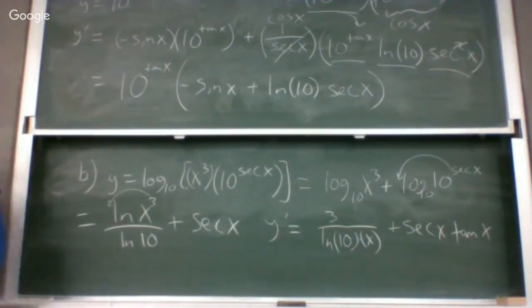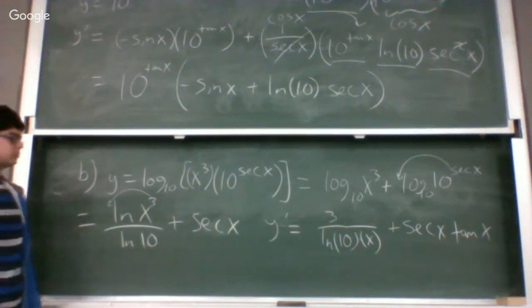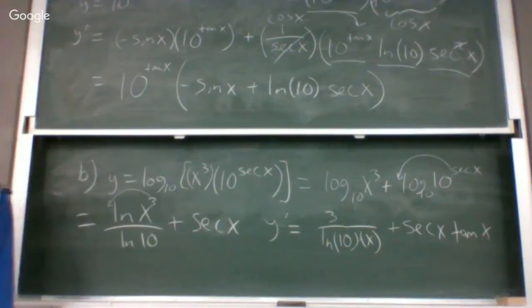Would it be wrong if you forgot to bring the 3 down and ran the natural log of x, so you have 1 over x cubed times 3x squared? Yeah, they take off for not being simplified all the way. But anyway, it ends up being 3x squared with 1 over x.